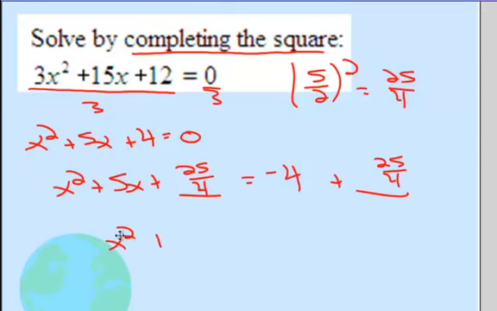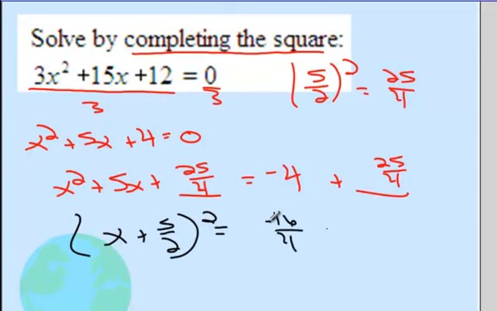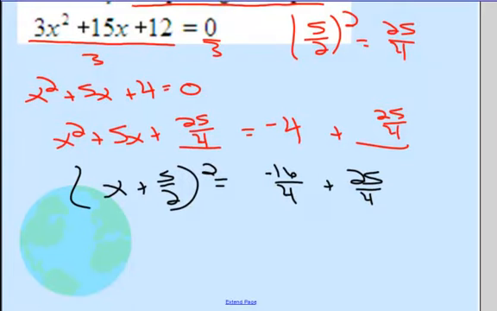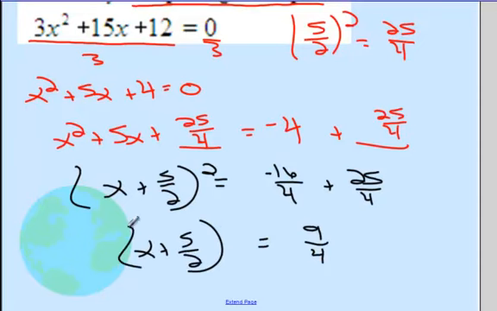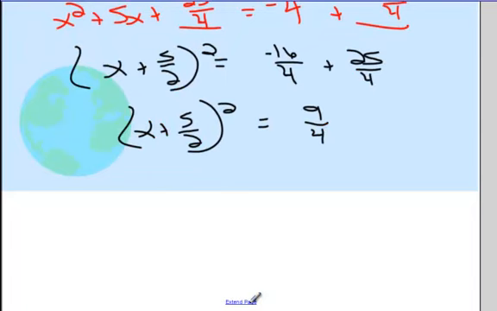X plus 5 halves squared equals, now if I have negative 16 over 4 plus 25 over 4, we have 9 over 4, and that's equal to our binomial squared.